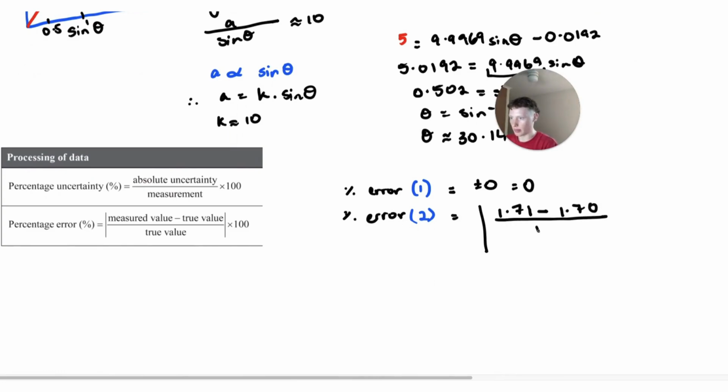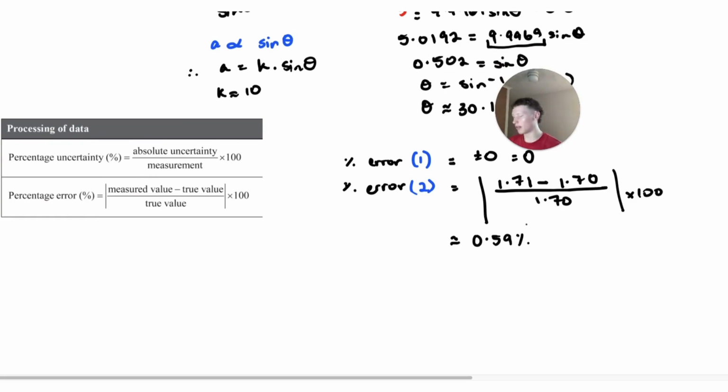We're dividing that by 1.70, absolute value, times 100. That will give me 0.59%. So pretty small there. And often for error, they just want it to one decimal place, so that's 0.6 in that case, if that's what they're looking for.